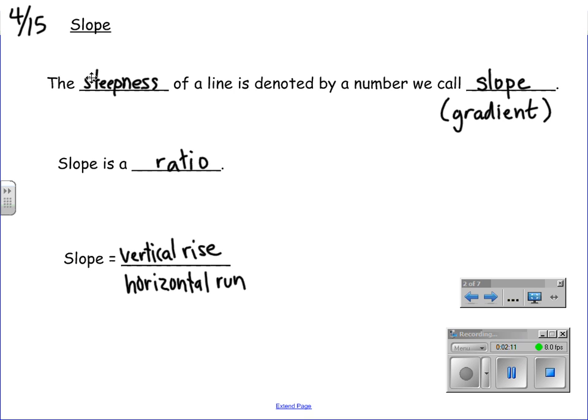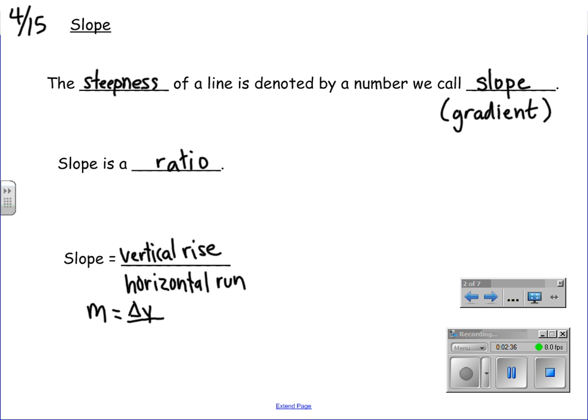Now there are some other symbols that we use for these. We always use the letter m to represent slope. And instead of saying the vertical rise, that's the y direction on the graph, so we can say it's the change in y over the horizontal direction, which is always the x.